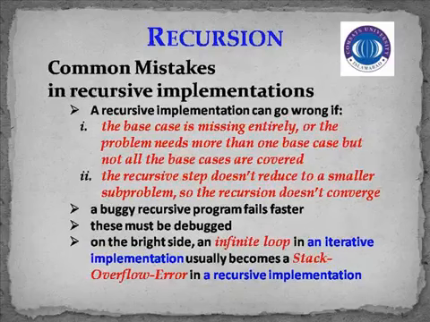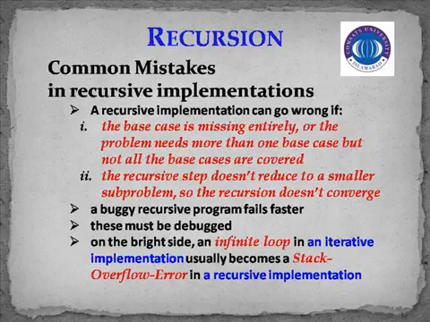A recursive implementation can go wrong if, firstly, the base case is missing entirely, or the problem needs more than one base case, but not all the base cases are covered. Secondly, the recursive step does not reduce to a smaller subproblem, hence the recursion doesn't converge.